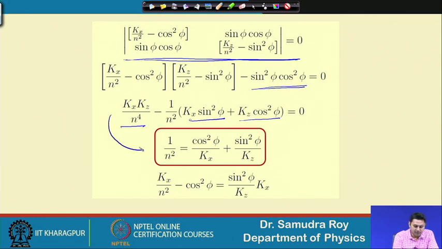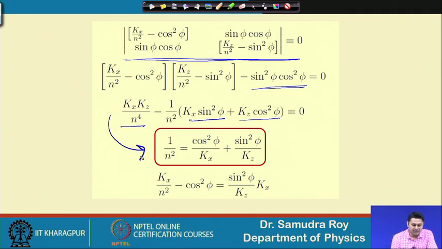From here we have a very important equation, and we are going to learn about this important equation, and that is why it is in the bracket. So, 1 by n square is equal to cos square phi kx plus sin square phi kz. Why is it important?